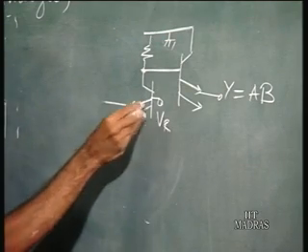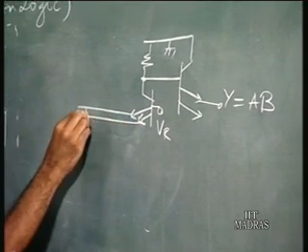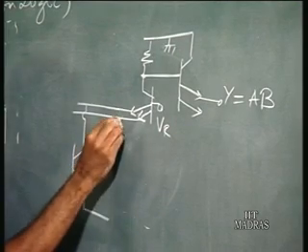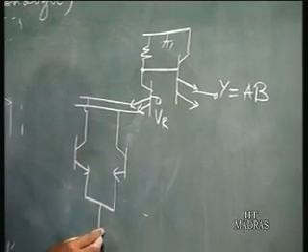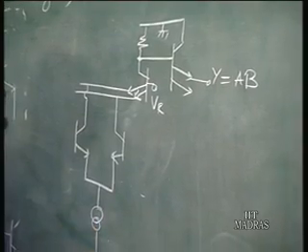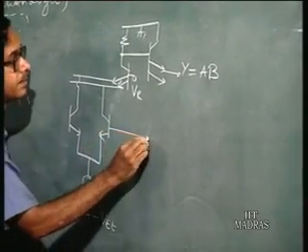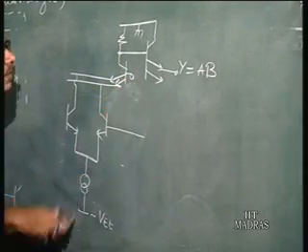You have two inputs like this, then suppose I have a structure like this, it is a current source, VEE. Here again there is a level shifting done here.